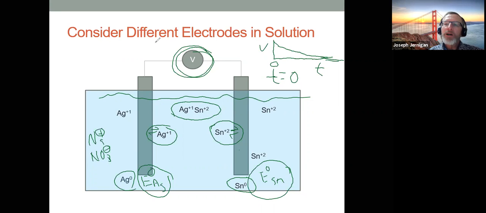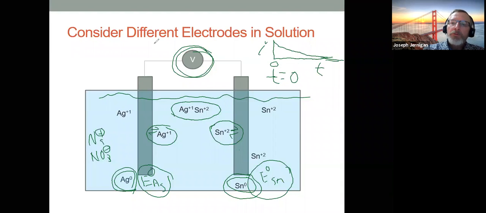Now, will it go completely to 0? Honestly, I don't know. I doubt it because these are still dissimilar materials, and there's probably still going to be some slight difference in voltage. But over time, you're going to find that voltage is going to go very close to 0, and you're going to get no net current. You could also argue along the same lines that you can put current here too.